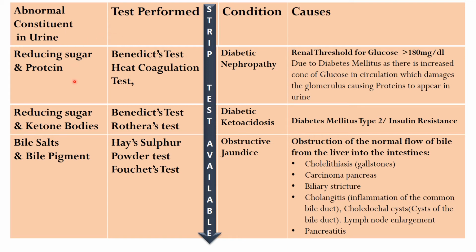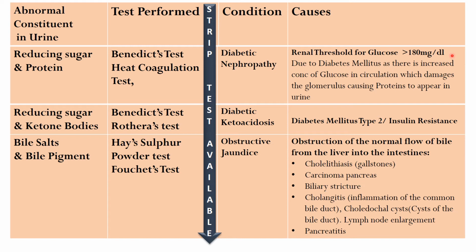Now, when both are present together, this condition is diabetic nephropathy, and generally reducing sugar is present in the urine when it crosses the renal threshold of 180 milligrams per deciliter, which means when the glucose in circulation is more than 180 milligrams per deciliter, the kidney is no longer able to reabsorb it, and it starts appearing in the urine.